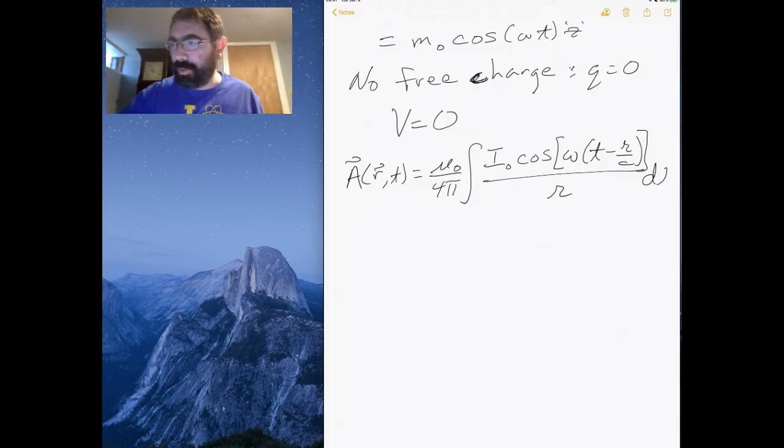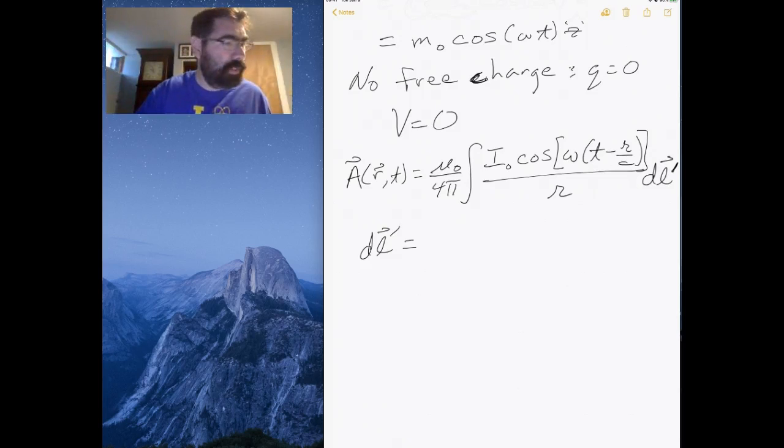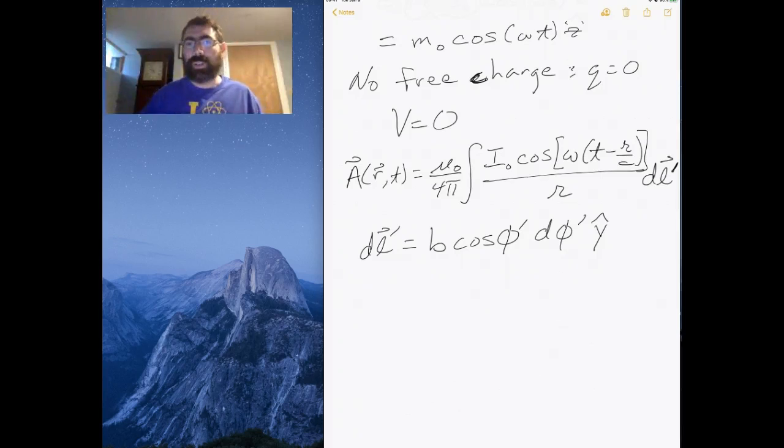We're going to integrate that over the length dl prime, where dl prime is the radius times the cosine of phi prime d phi prime in the y direction.